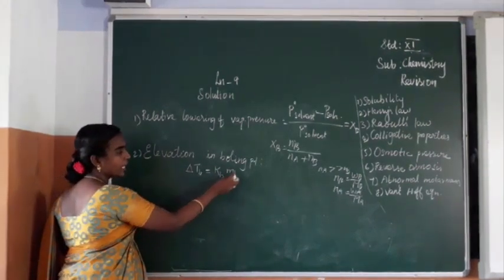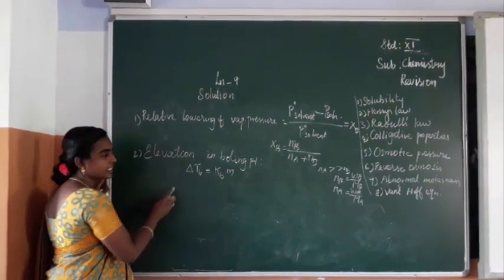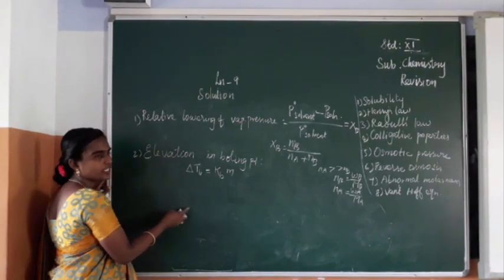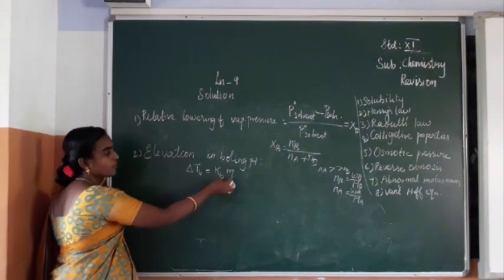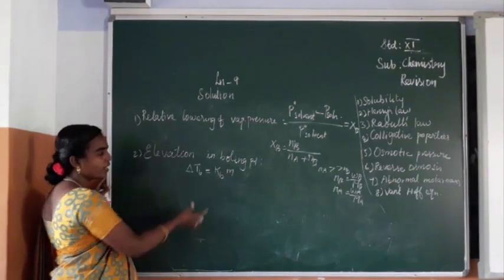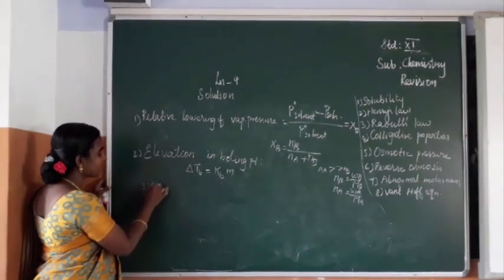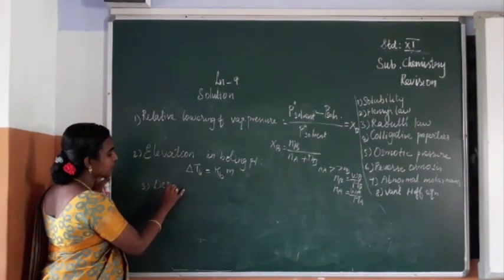Here m is the molality of the solution, that is number of moles of solute multiplied by 1000 divided by mass of solvent. So from the number of moles of solute, we can find out the molar mass of the solute. Next, third, we have seen depression in freezing point.